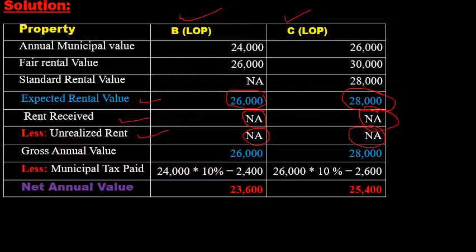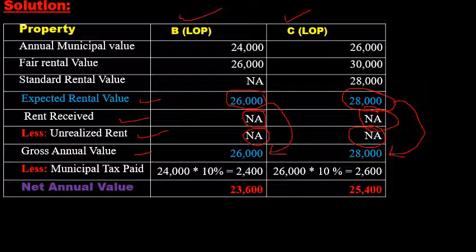Then comes gross annual value. Since there is no rent received, the expected rental value itself is the gross annual value in case of deemed let out properties. So even you can compare, rent received is not applicable, whichever is highest is the gross annual value. That means expected rental value itself is the gross annual value in case of deemed let out property.